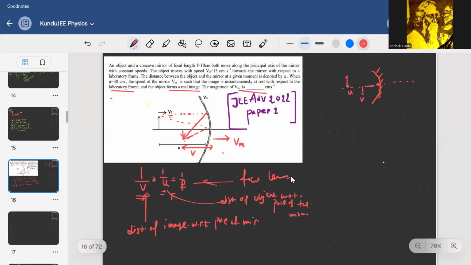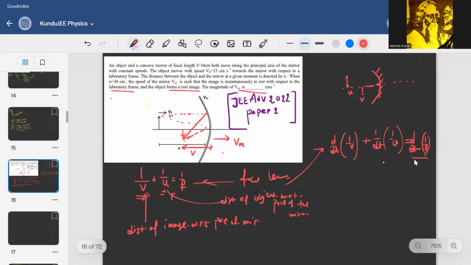Now, let us differentiate both the sides with respect to the time. Then what we'll get, we'll write it down here. d/dt of 1 by v plus d/dt of 1 by u is equal to d/dt of 1 by f.